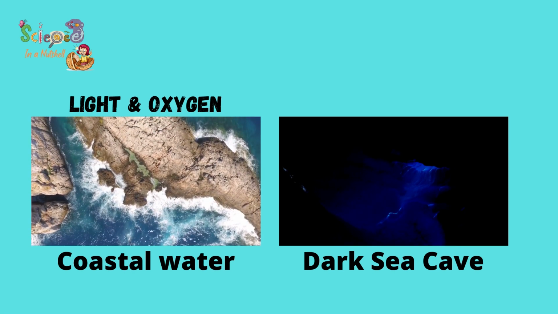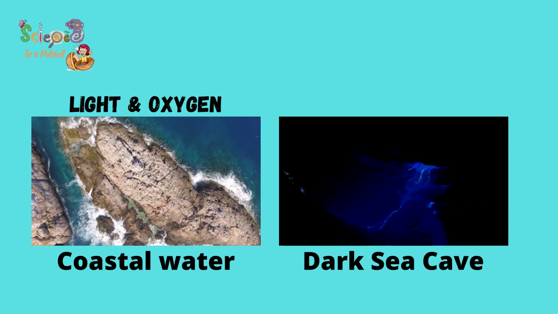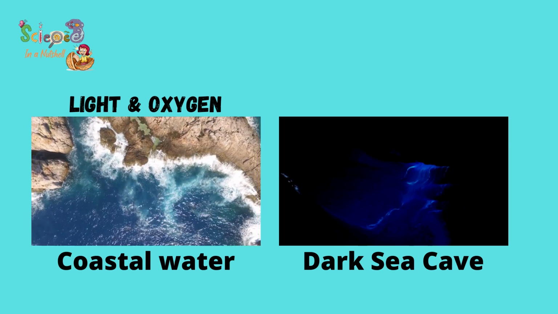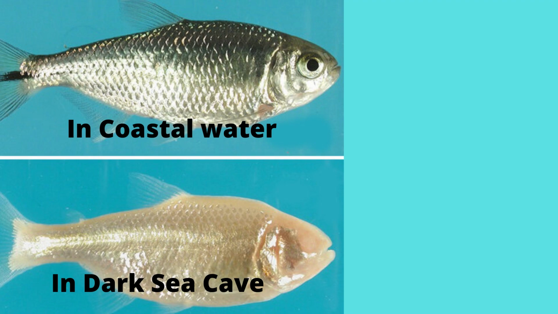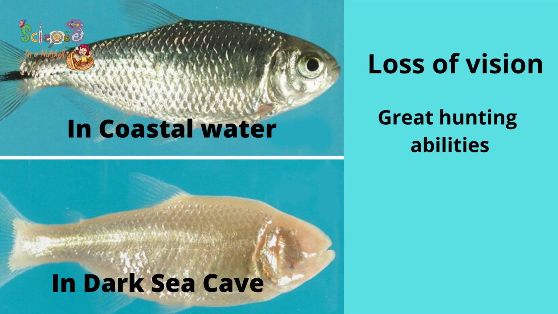So, according to the principle of use it or lose it, if you don't use your eyes, you're going to lose them. That's what has happened with the fish. They didn't use their eyes, so they lose it. First thing that we will choose will be loss of vision.